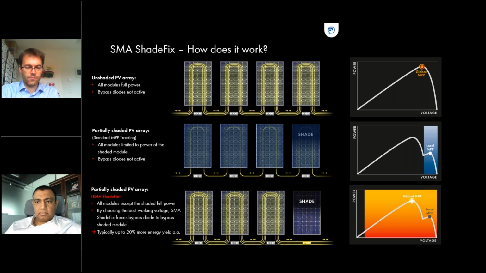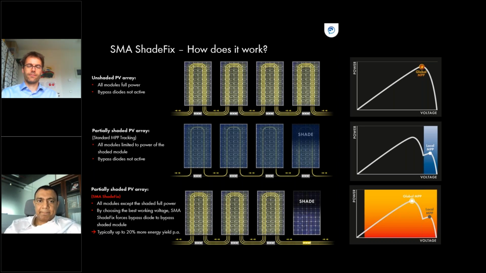So you're getting more out of the system than without MPP tracking that has the algorithm for shading integrated into the inverter itself. So that's the difference.